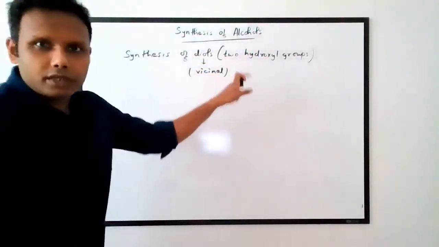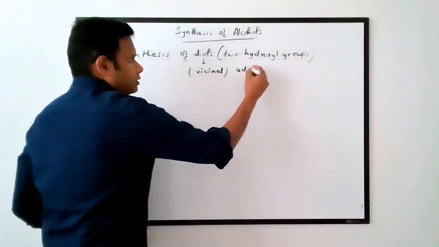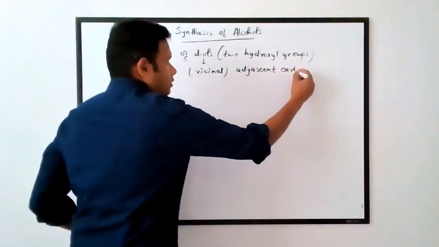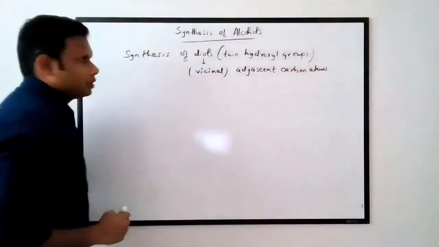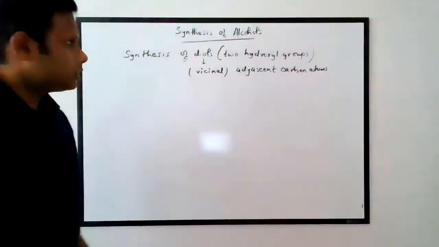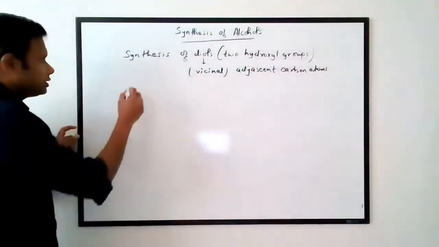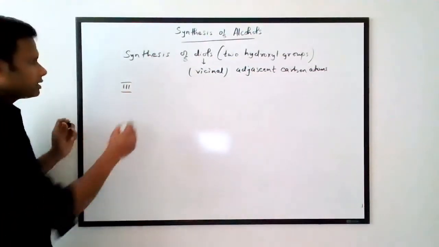That means the two hydroxyl groups are on adjacent carbon atoms. Okay, so the two hydroxyl groups are on adjacent carbon atoms. So the reactions that we learned for synthesizing diols are starting from alkenes.